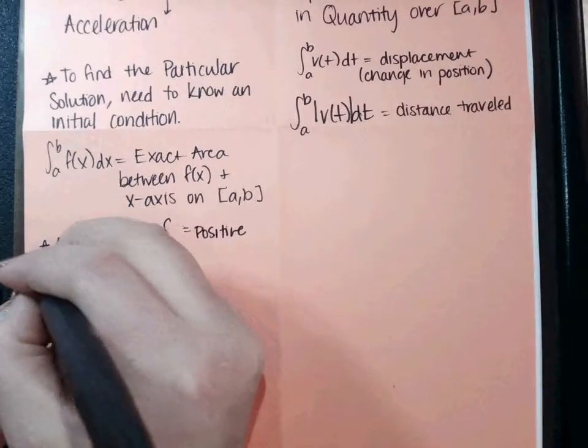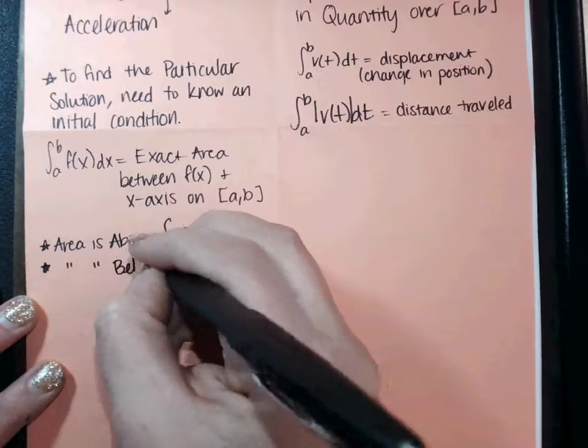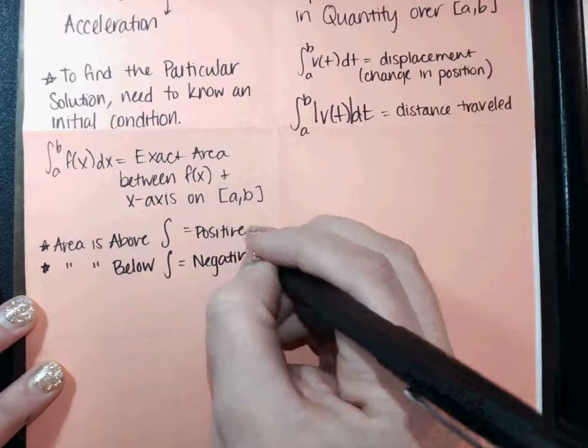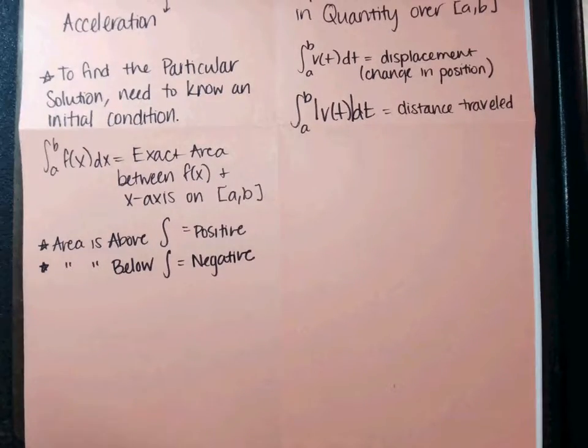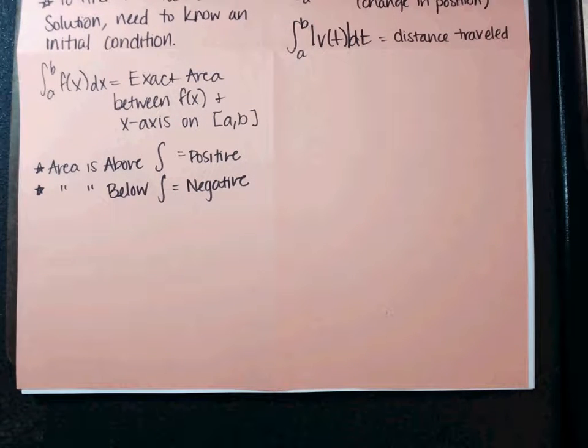And if your area is below, then your integral is going to be negative on that interval. So you calculate those areas, but remember, you have to keep some sort of direction with them by counting it as either positive above or negative below.